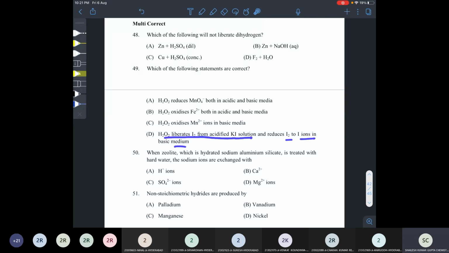Acidified KI, that's true. You remember. But I2 to I minus in basic medium, that's wrong. It does not reduce I2 to I minus. I haven't seen this reaction actually, because even I minus is converted into IO3 minus. So I don't think that it should be true.